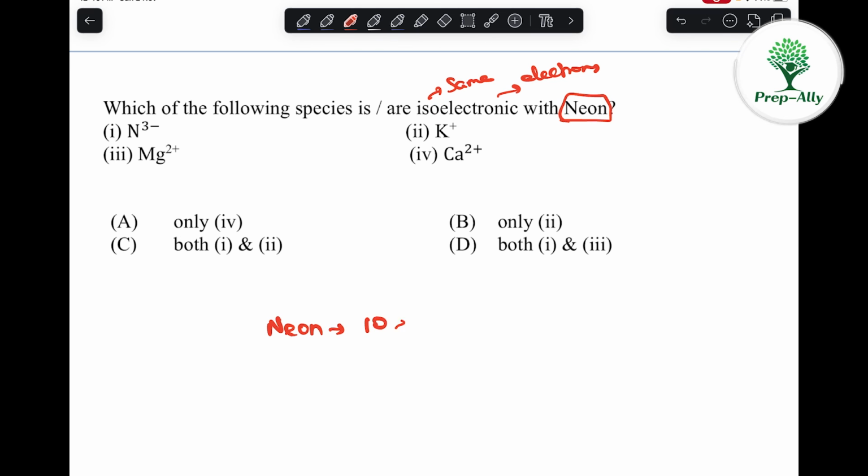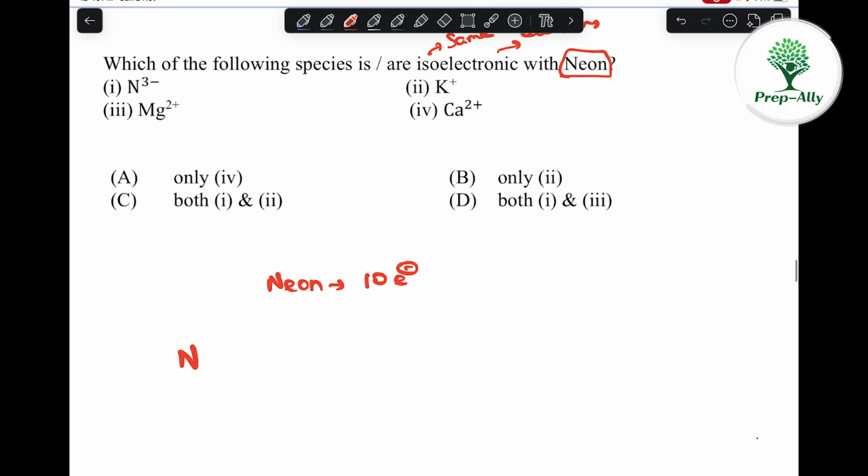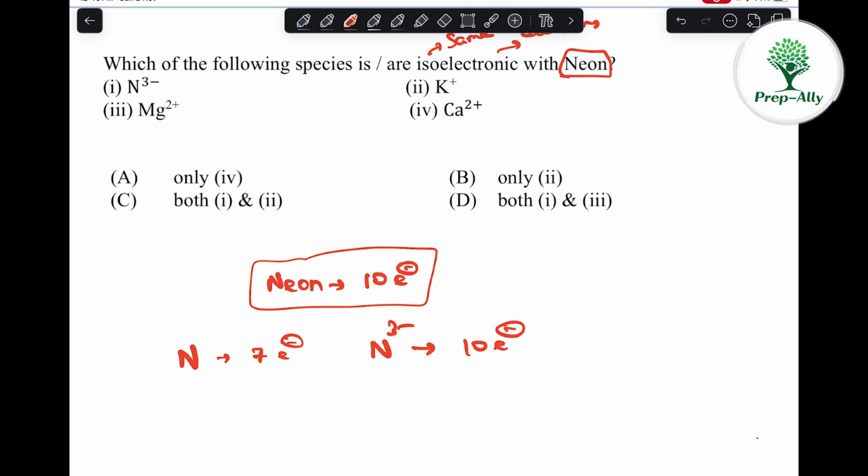Neon has 10 electrons, right, in its neutral form, and I have nitrogen which has 7 electrons in its neutral form, but N3 minus, which means I added 3 more electrons to nitrogen, so it will have 10 electrons, right? So neon and N3 minus are going to have the same number of electrons. I can say both of them are isoelectronic to each other, right?